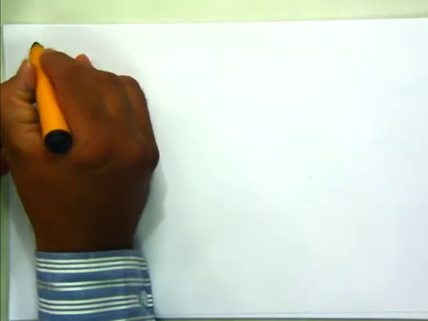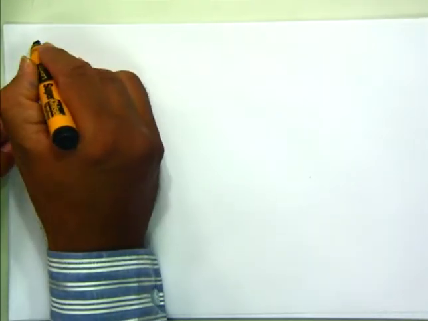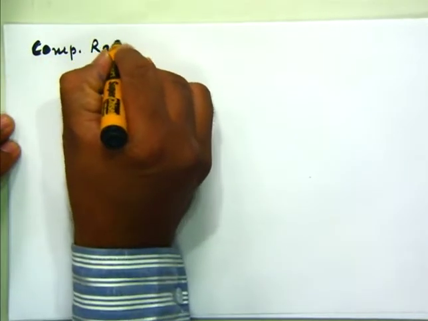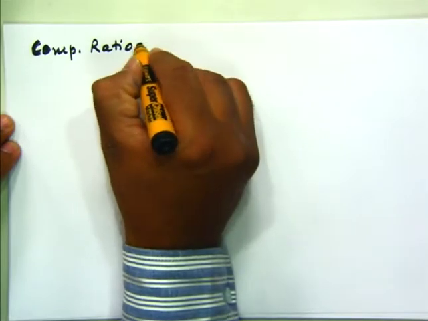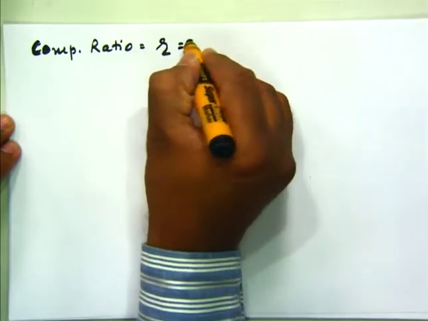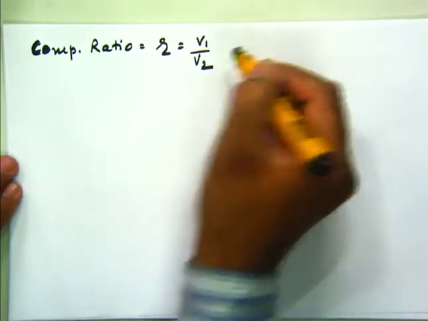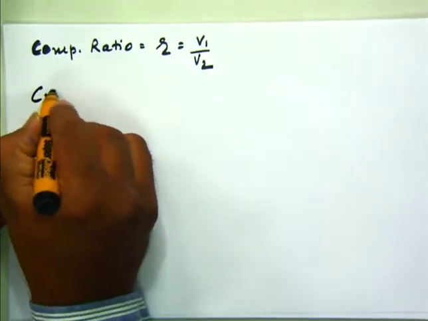We have the compression ratio R equal to V1 upon V2. Let us define the cutoff ratio.